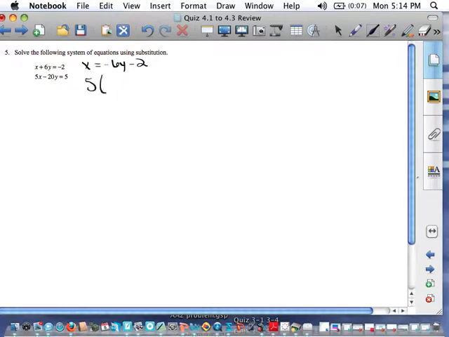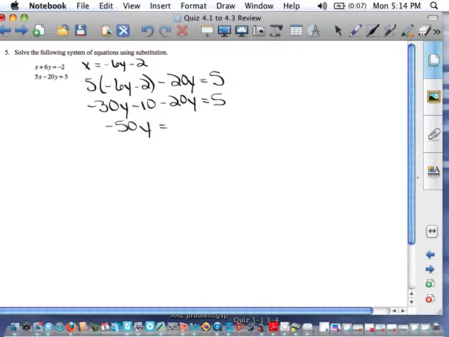So 5 times minus 6y minus 2 minus 20y equals 5. So you distribute that, get negative 30y minus 10 minus 20y equals 5. So then you have minus 50y equals 15. So y is equal to negative 15 over 50, which can be rewritten as negative 3/10.